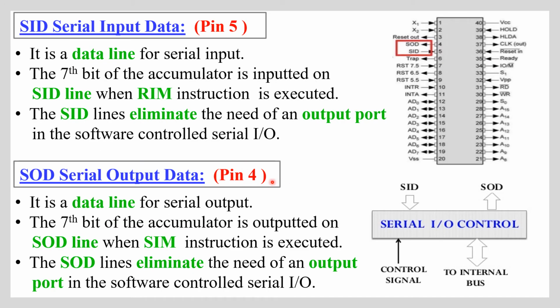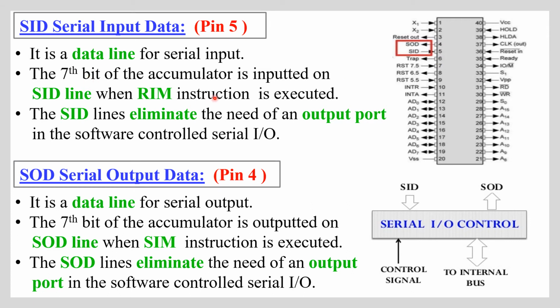Next is SOD and SID. SID is serial input data, that is pin number 5, and SOD, that is serial output data, pin number 4. SID is a data line for serial input, so the data will be inputted serially from this line.